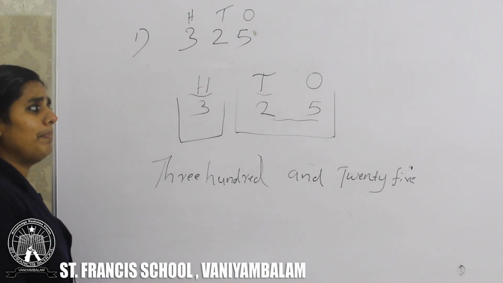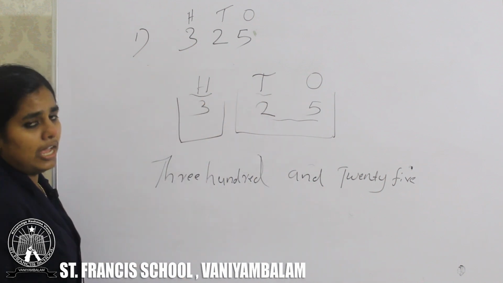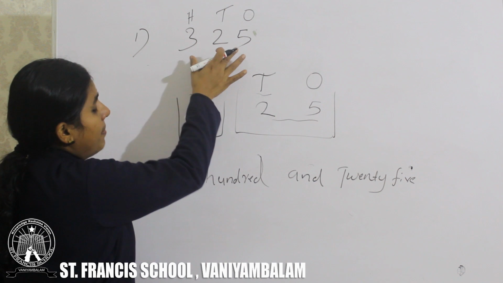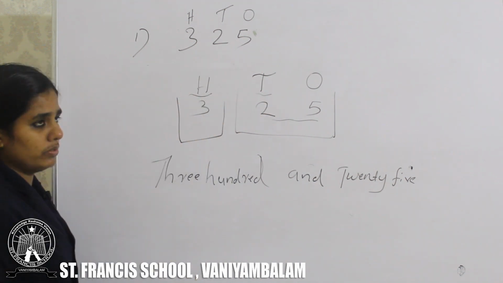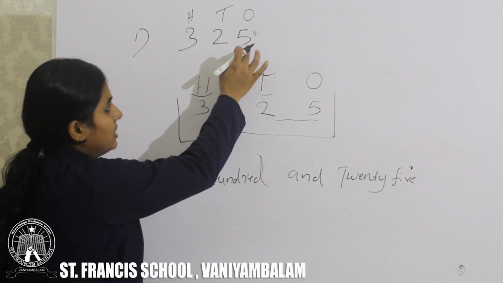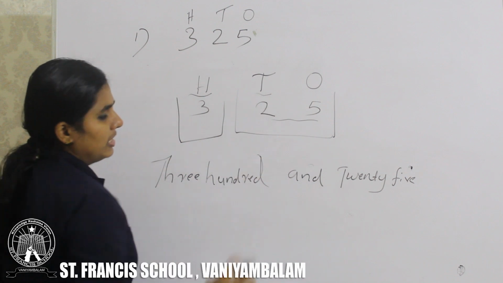We already learned the place value chart of a 3-digit number: ones, tens, hundreds. After that, what do we want to do? This number is placed below this place value chart. Every time, on the right side we have the ones place, and that number you write below the ones place.